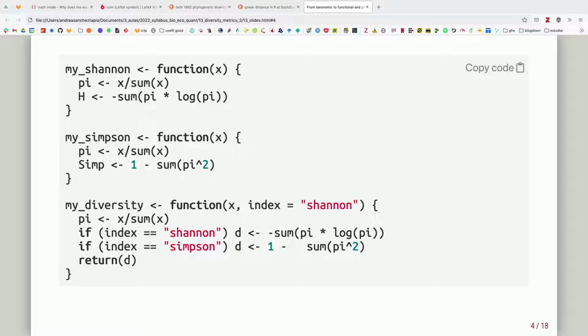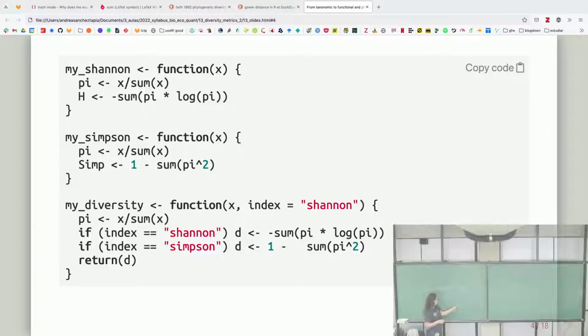But I wanted to show you some quick examples of how you would create a function to create a Shannon. And this is the simplest way of creating this. Remember that Shannon was the sum of the relative abundances multiplied by some logarithm. It could be base 2, it could be base anything, but usually it's 2.